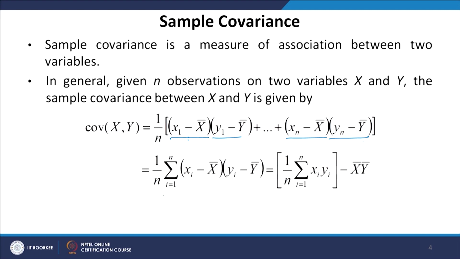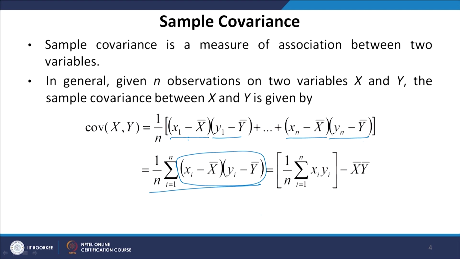So, this is how it is finally written: 1 by n summation i equals 1 to n xi minus x bar into yi minus y bar. So, first multiplied and then put under the sum, which can also alternatively be written as 1 upon n summation xi yi minus x bar y bar.